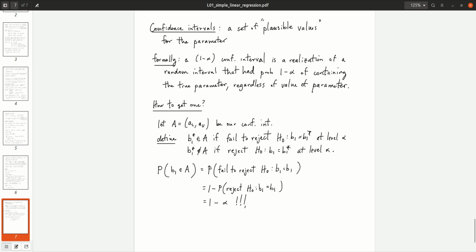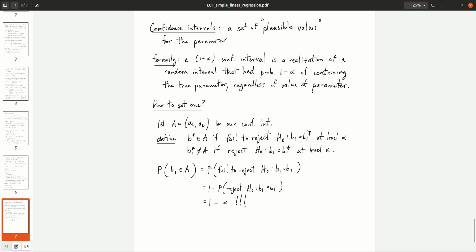So if we look back to the formal definition of the confidence interval, it's a realization of a random interval that had probability 1 minus alpha of containing the true parameter, regardless of the value of the parameter. So this little calculation here verifies that this method for constructing a confidence interval is valid because it conforms to the definition of a confidence interval.